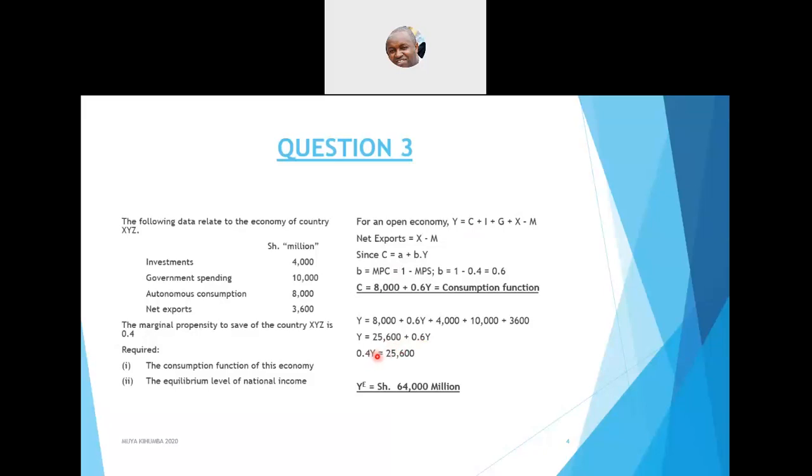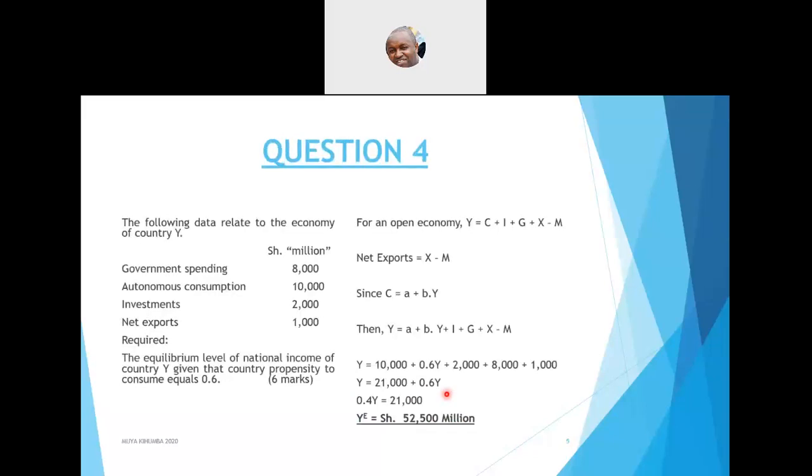When we substitute and we put the right terms together, it will be 0.4Y equals 25,600. When we divide both sides by 0.4, we get that our Y at equilibrium, national income at equilibrium, will be shilling 64 million.